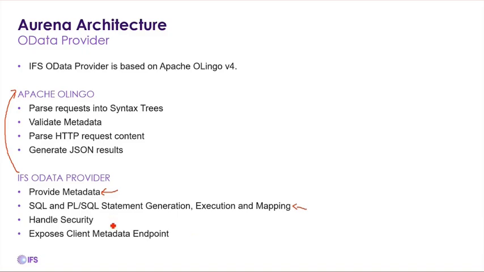And also it will handle IFS specific security and also expose some client metadata endpoints. And so just try to understand that within IFS's OData provider, we are making use of Apache Olingo. Just like in the previous example that I have explained, the student management system, we have used an Oracle Data Access DLL to connect to the database. Just like that, to make sure our web service is OData compatible web service, we use Apache Olingo.